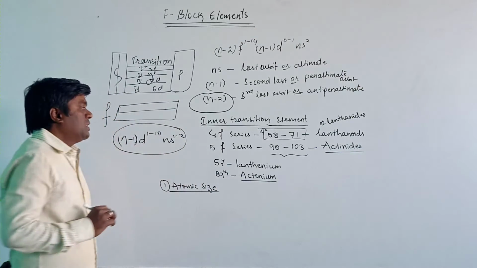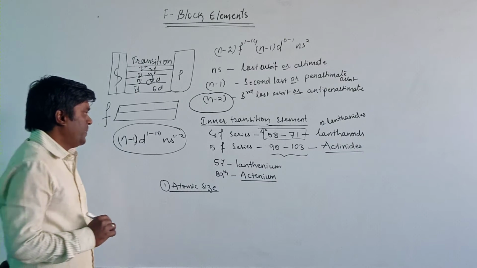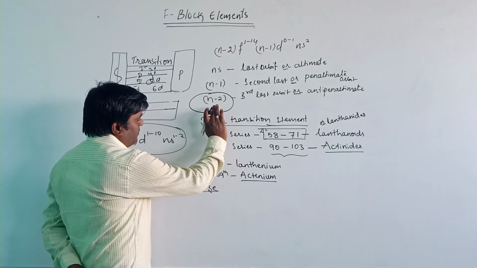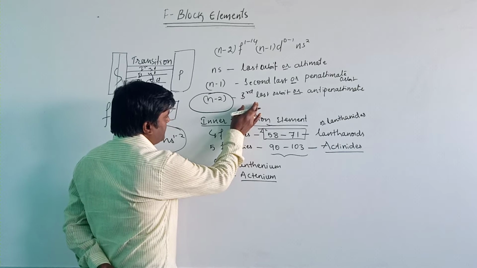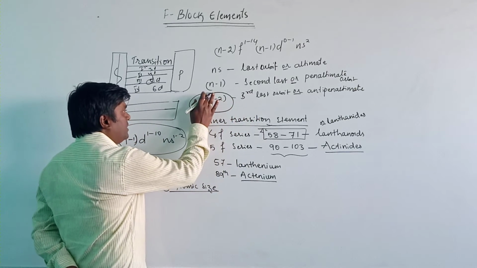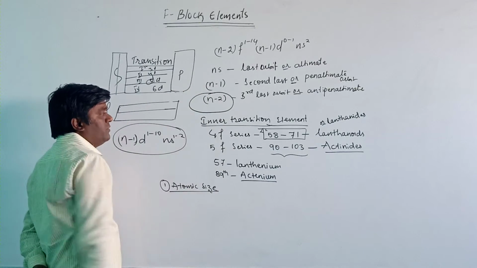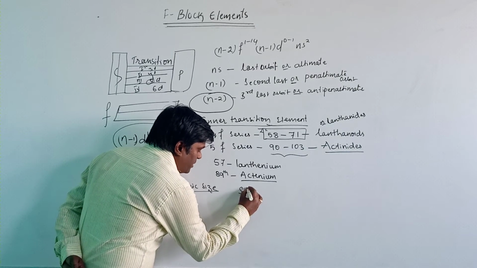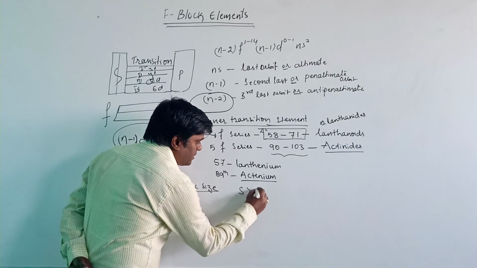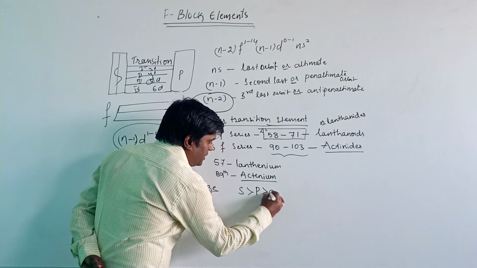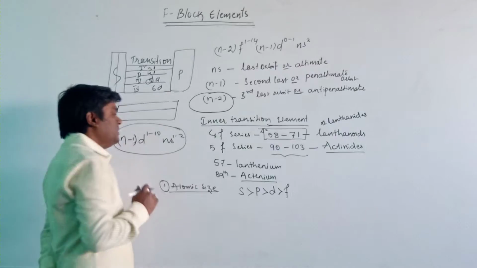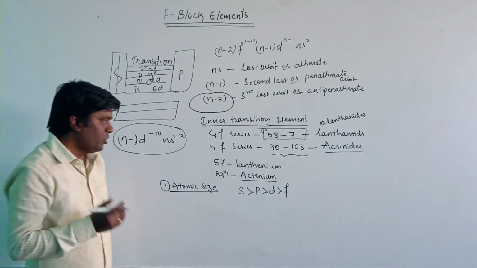When we observe the electronic configuration, the last electron enters the third last orbit, therefore there will be a screening effect. In the order of screening effect, the S block elements have a greater screening effect compared to P, D and F. The last preference is given to the F block elements.